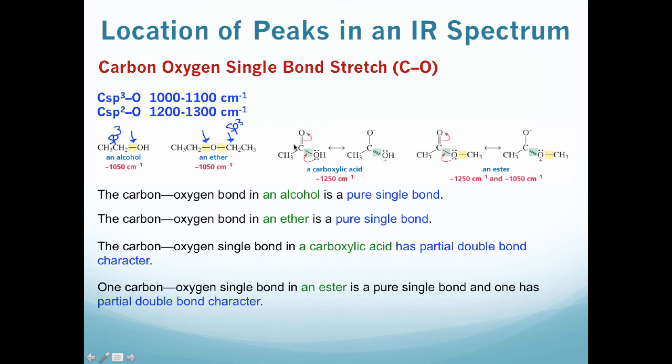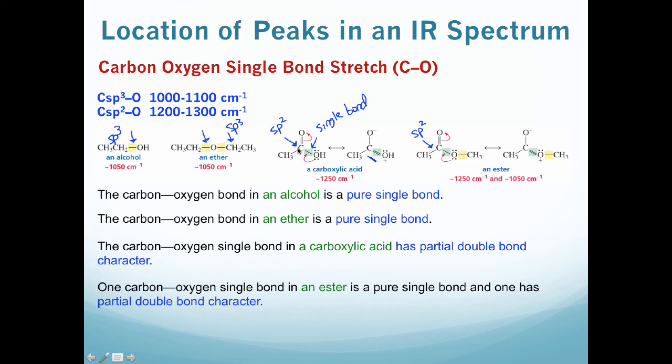But now if we move to an sp2 hybridized carbon, such as that in carboxylic acids and esters, we've already talked about the carbonyl, but now we're concerned with the carbon-oxygen single bond stretch. Once again, we can think about resonance. By resonance, this single bond actually has some double bond character that you can see over here. That double bond character results in an increase in the stretching frequency.